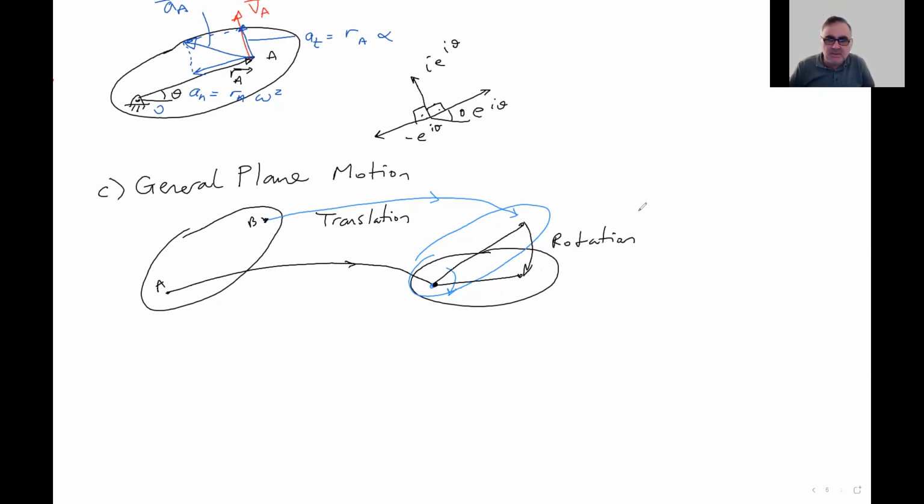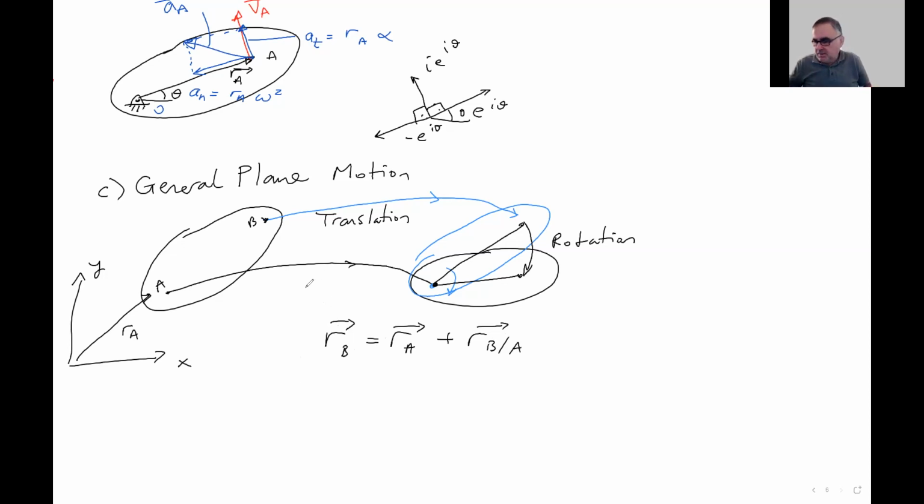So what we will write is, again, we have a coordinate axis xy. This is RA, etc. This is RB. So you can write the RB vector as RA plus RB relative to A. Now, in the translation case, you have VB equal to VA.